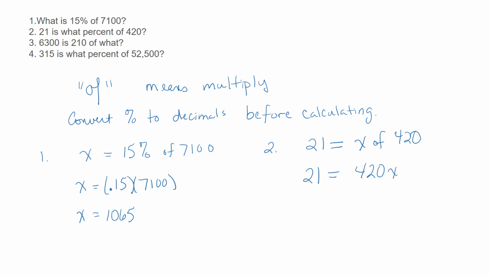Now whatever we get, we'll have to convert back to a percentage because we get a decimal when we calculate. So we'll divide both sides by 420. And we get that x is equal to 0.5. As a percent, then, we find out that it's 5%.